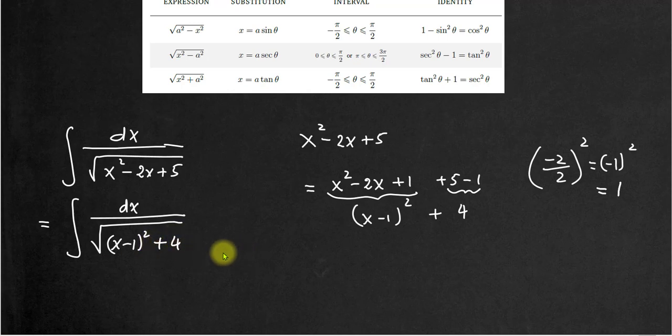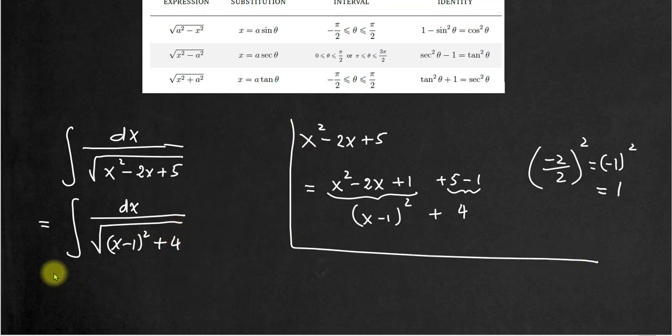And now you see that we have something similar to one of the three expressions here. Looking at the last expression, I see that I have something squared added to something. So I can go ahead and let u be x minus 1, to make it similar to the last expression.